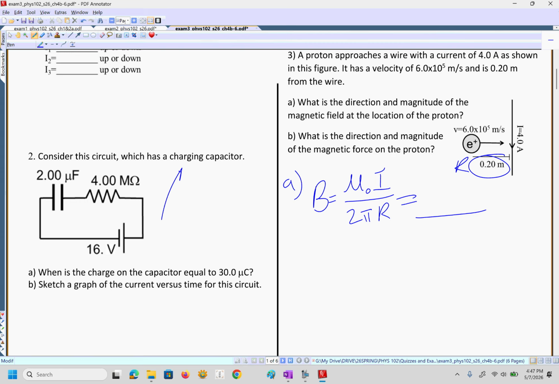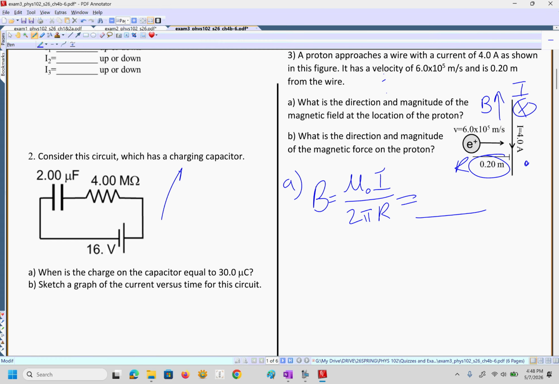As I said in class, I have the wire not like this, but into the page. If the wire is going into the page like that, that would mean that the magnetic field would be up, right? I let my thumb go in the direction of the current, and then it folds around. So over here, the magnetic field will be up.